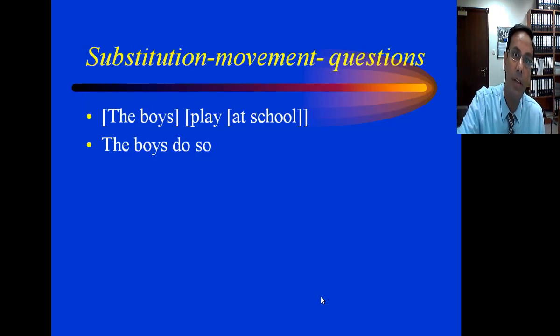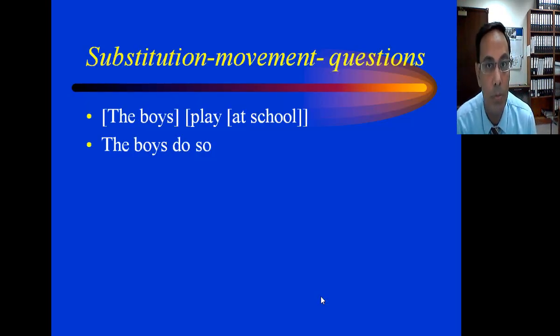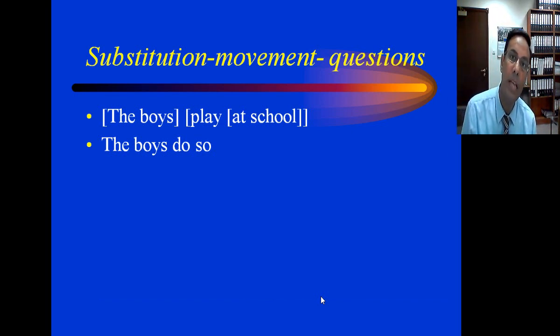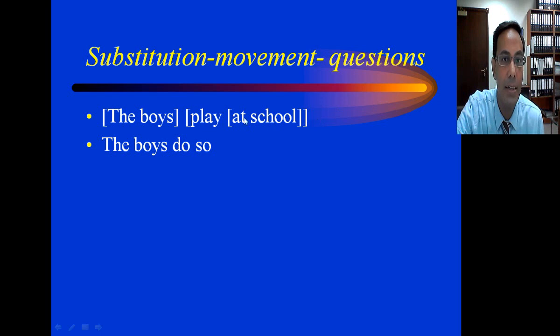Let's move on. Substitution, movement, questions. So we have three tests: substitution, movement, and questions. The boys play at the school. Here we can substitute the boys with they, one word. Play at the school is a unit. How do we know?